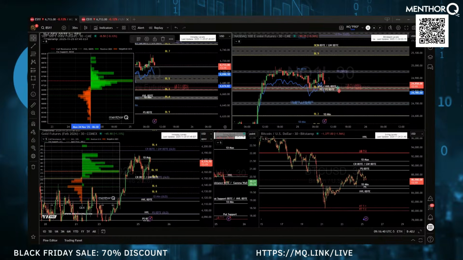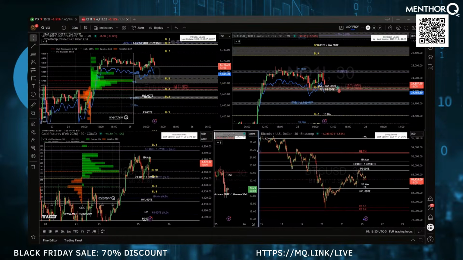We talked about this in the last session also. And today, if you're using the intraday levels from the VIX, you saw that we're now touching the call resistance 0 DTE, and we get the reaction to the downside on NQ.